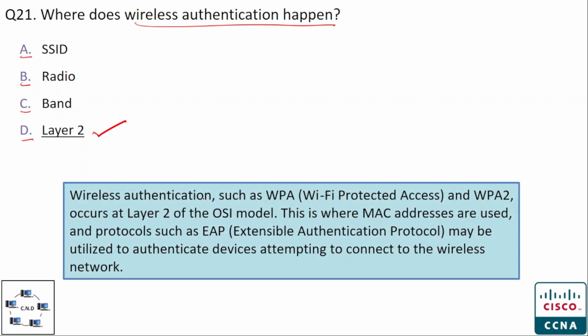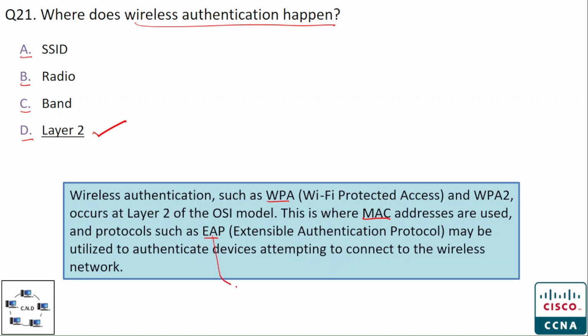So wireless authentication such as WPA, Wi-Fi Protected Access, and WPA2 occurs at layer 2 of the OSI model. This is where MAC addresses are used, and protocols such as EAP, Extensible Authentication Protocol, may be utilized to authenticate devices attempting to connect to the wireless network.